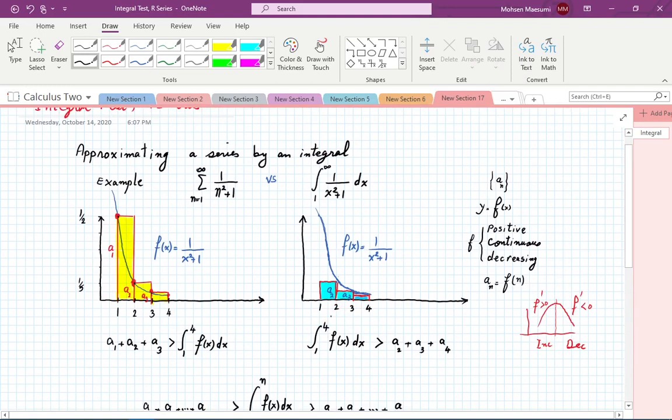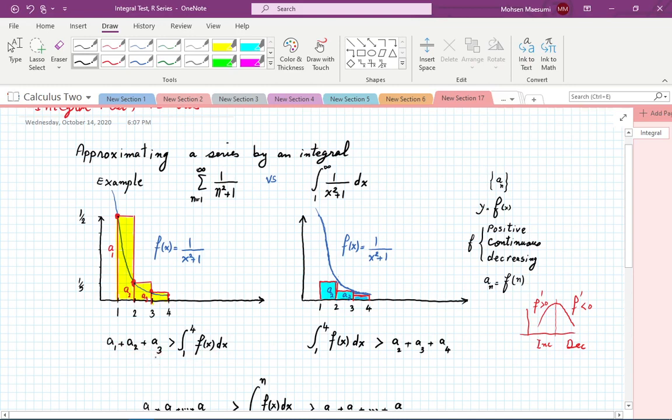This is a case that we have area under the curve. We have established that to be infinite. And now we are saying, well, sum of all of these a's is going to be even more than the area under the curve. Therefore, the sum also goes to infinity.